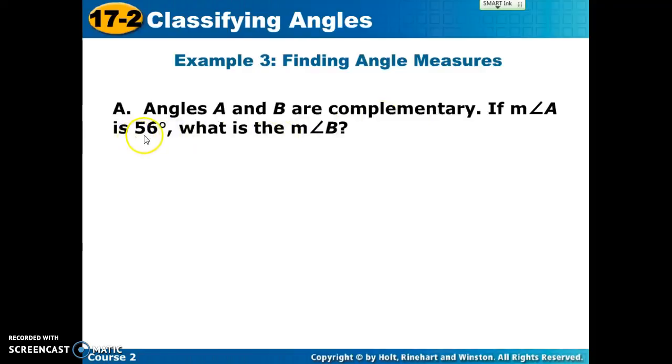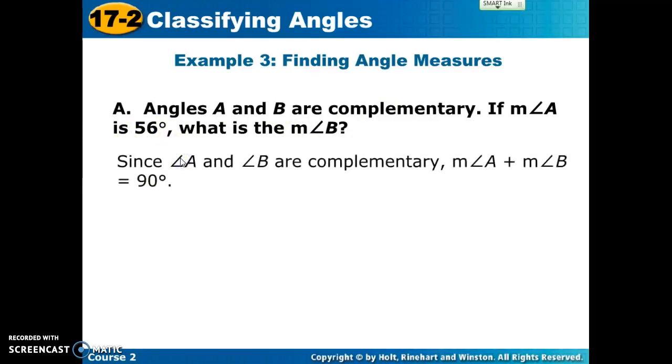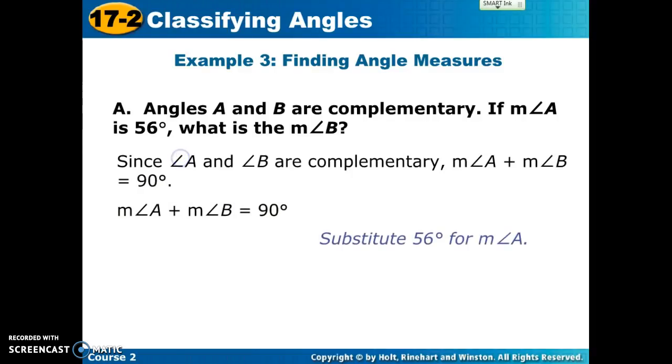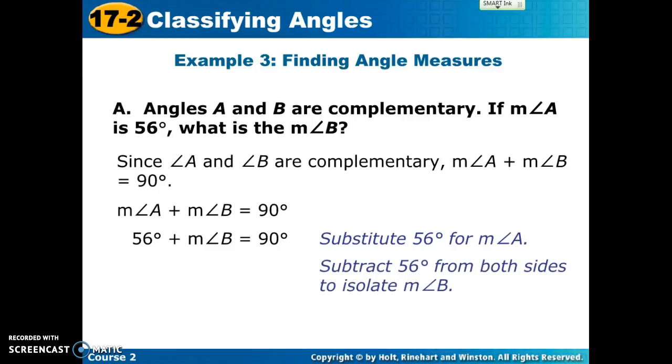And if one of them is 56, we're just going to take the 90 minus the 56 to get our degrees. So we have 56 degrees plus angle B is equal to 90. In the end, we're going to subtract 56 from 90, and we're going to get angle B to be 34 degrees.